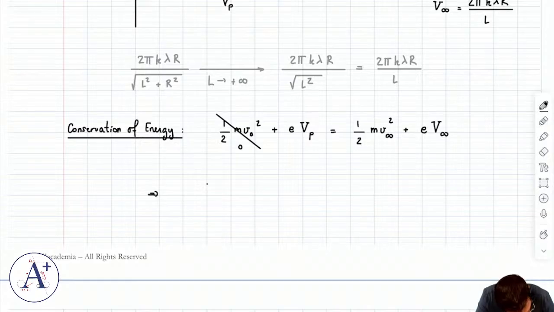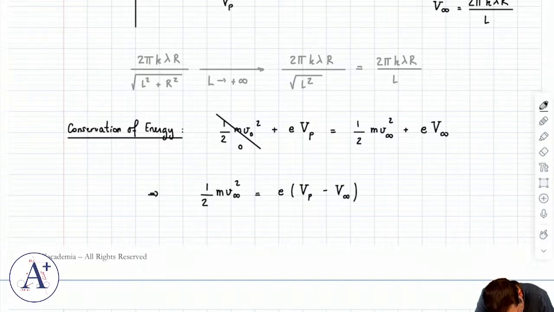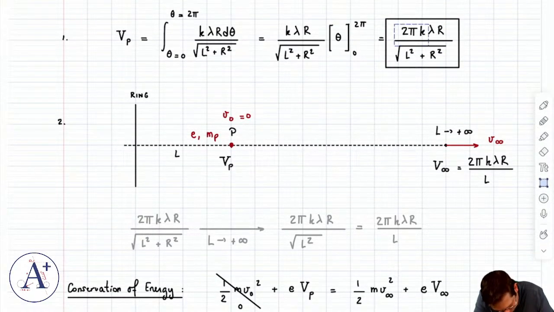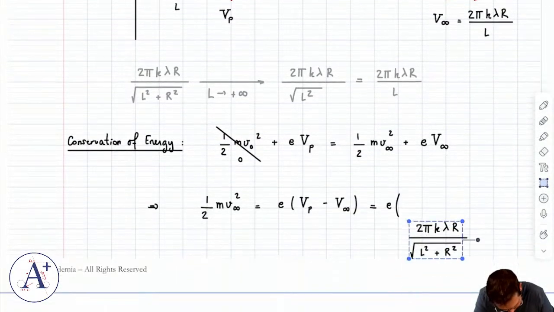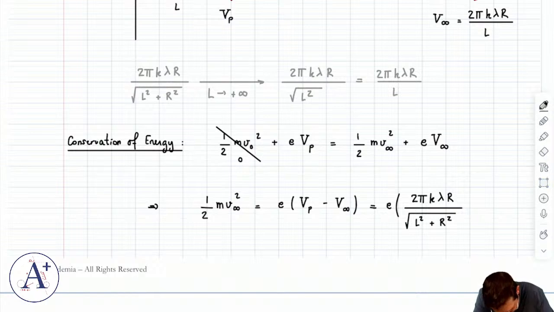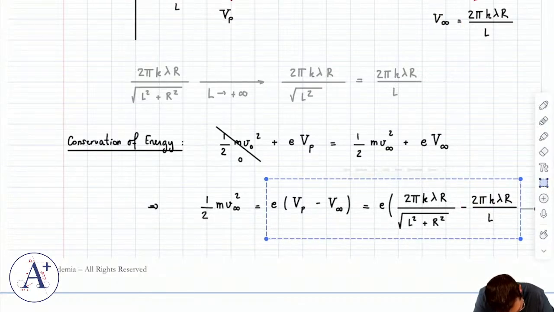All right, so 1/2 m v infinity squared is equal to e times Vp minus V infinity, which is going to be equal to e times Vp, which is all of this, minus V infinity, which is all of this.